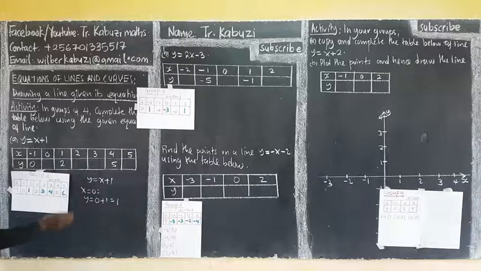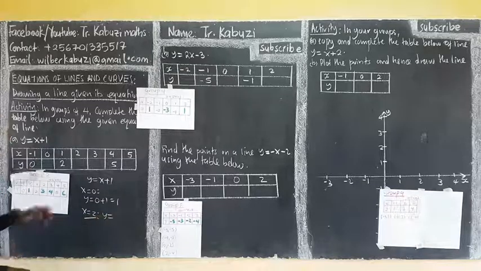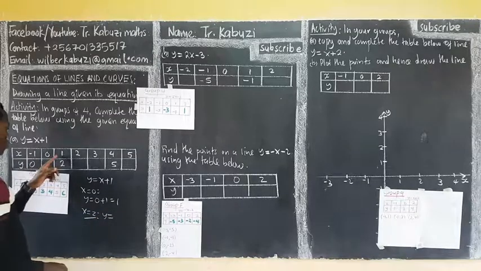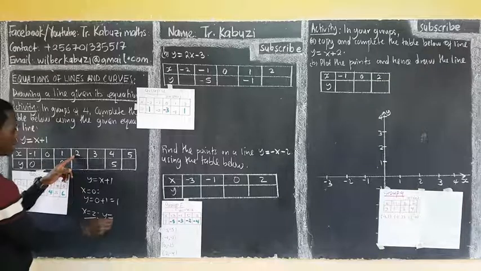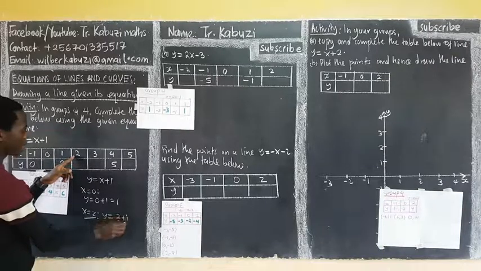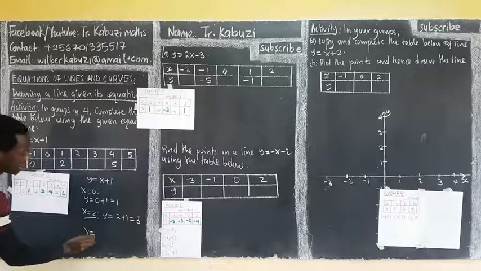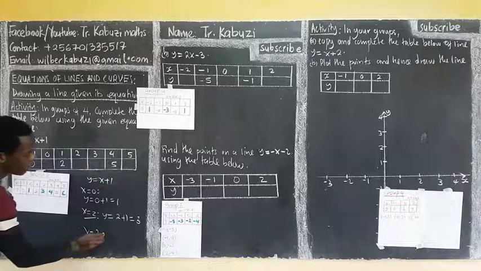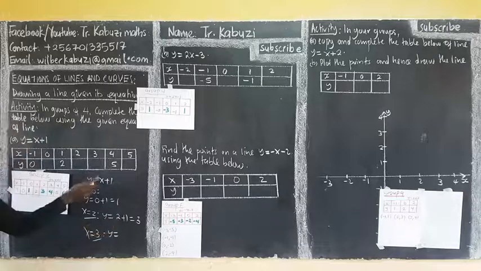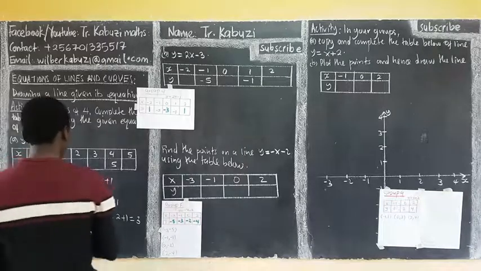Okay, so what about this one? When x is 2, y is going to be, you get this 2 here, you put it here, 2 times 2 plus 1, which gives 5. When x is 3, where there is x, we substitute a 3.